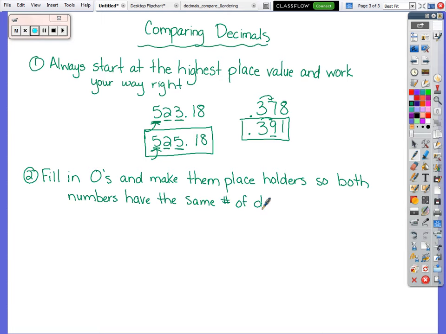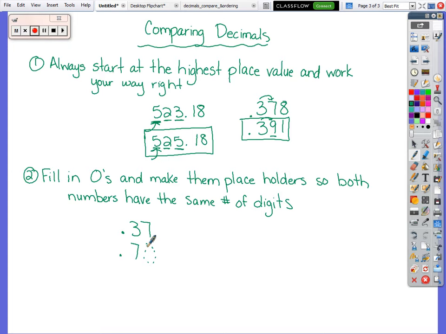So let's say I am going to compare 37 hundredths and 7 tenths. Well, I want to make sure, so I'm going to put a 0 placeholder there. Those are the two big things you need to know.